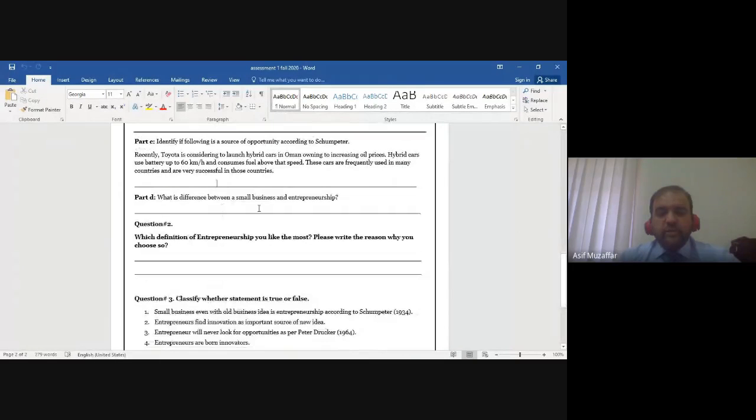What is the difference between small business and entrepreneurship? Entrepreneurship is about creativity, about new idea, whereas small business means something which is not changing or which is going on in a similar way. Question number 2, part A was very simple. You just need to write any definition and give the reason why you chose it.